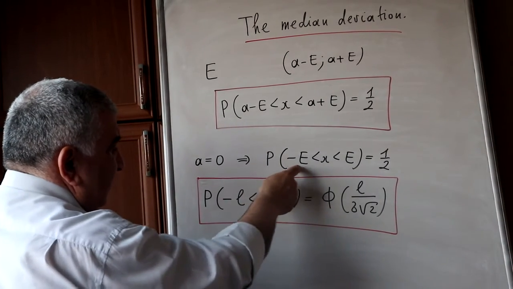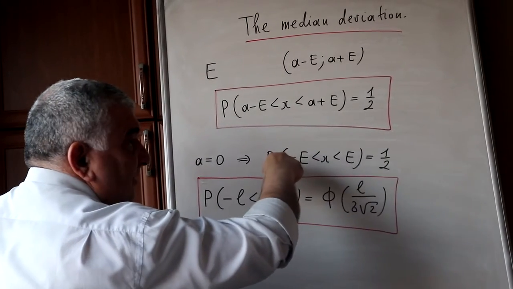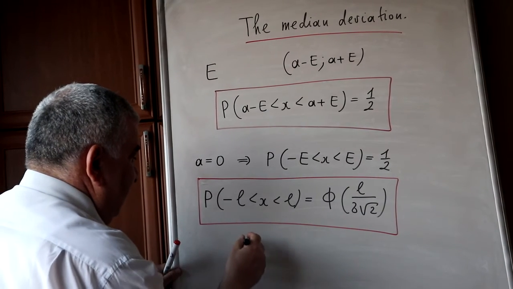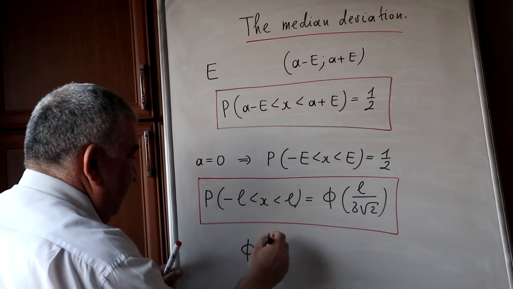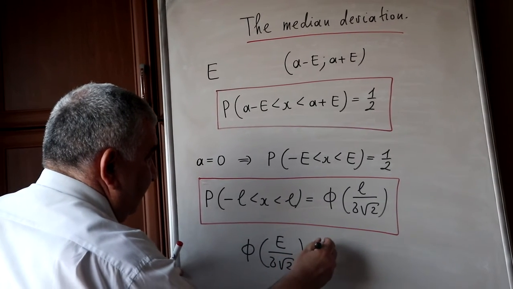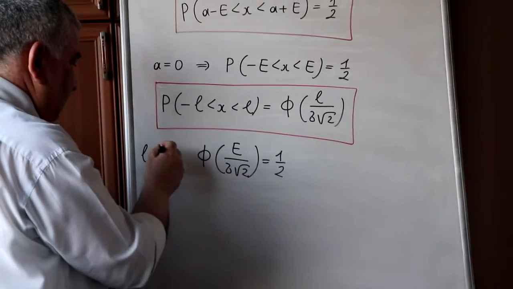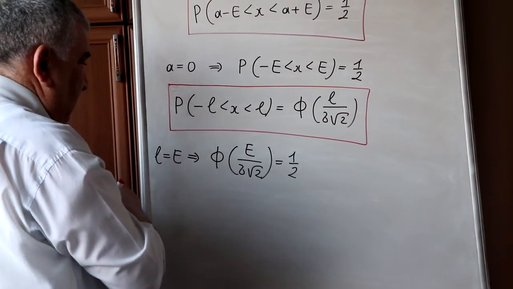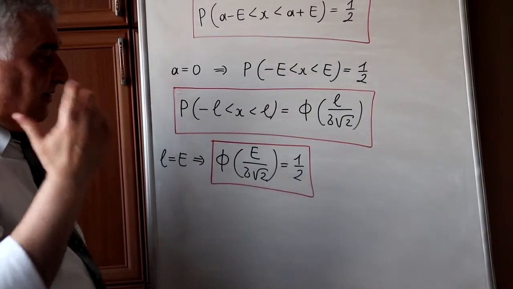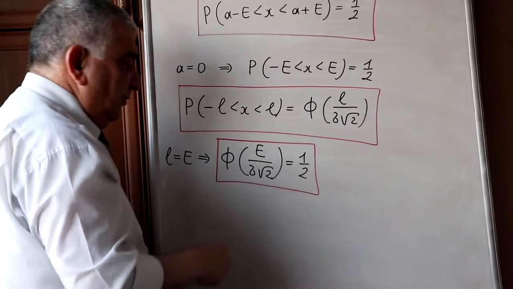If we substitute E capital instead of L, we will obtain this equality, that this probability is equal to 1 second. Then we will have that phi of E capital over sigma square root of 2 is 1 second. Here L is E capital. Then, according to the table of the error integral values, we can define the value of the argument.